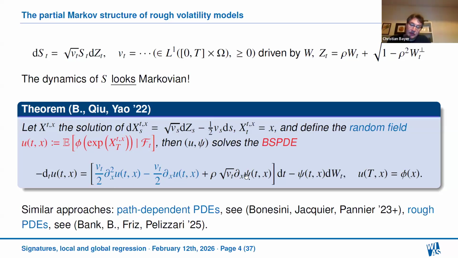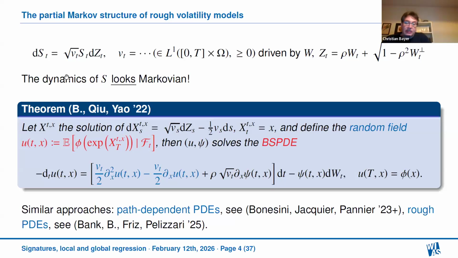So we get this additional part of the solution, which is necessitated in order to enforce the adaptedness. However, what is in blue would be the standard heat equation dynamics that you would expect from the partial Markovian property.